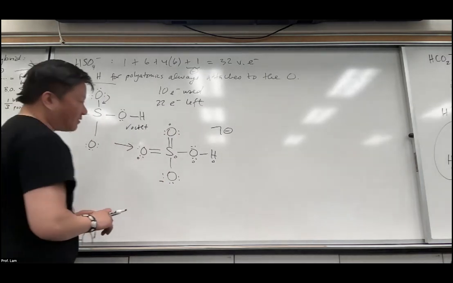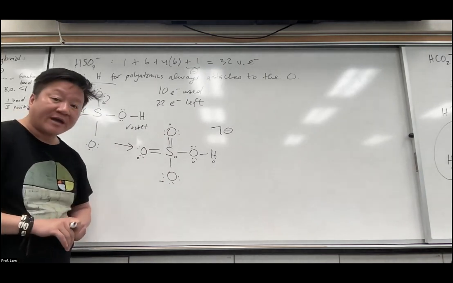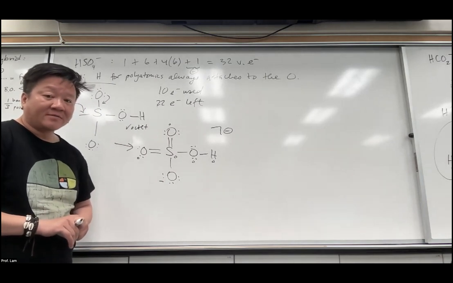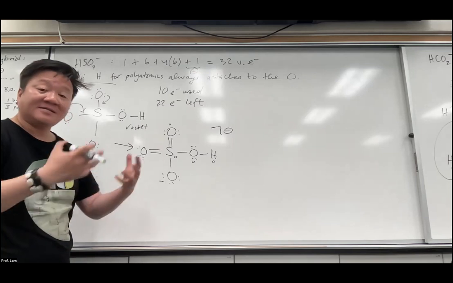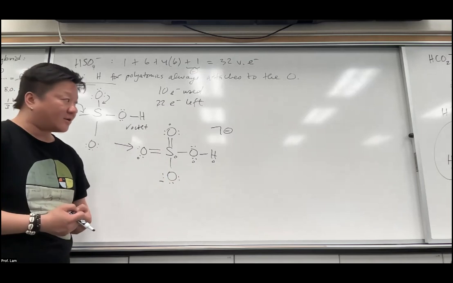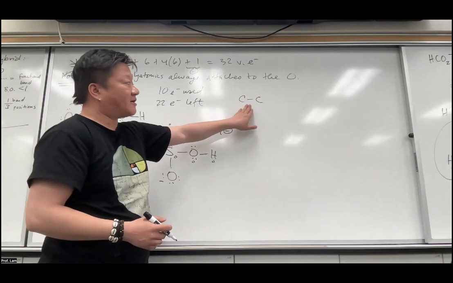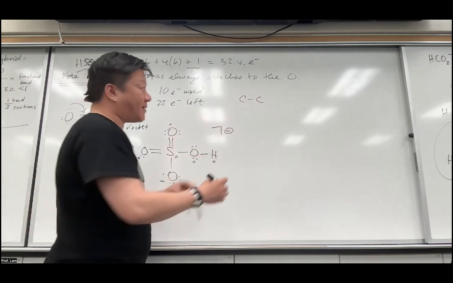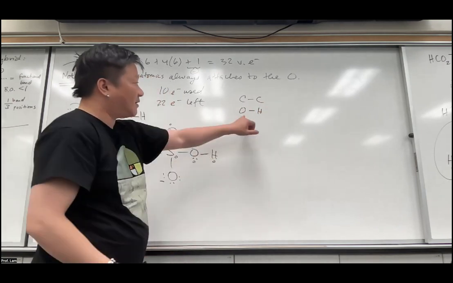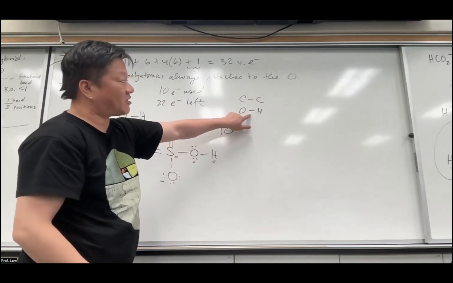Let me just quickly say what electronegativity is, since I don't think we went over that. Electronegativity is how prevalent an atom is at pulling electron density towards itself during covalent bonding. When you have a bond like carbon and carbon, it's the same; they share their electrons completely equally. But if you have oxygen and hydrogen, oxygen is more dominant at pulling the shared electrons towards itself.